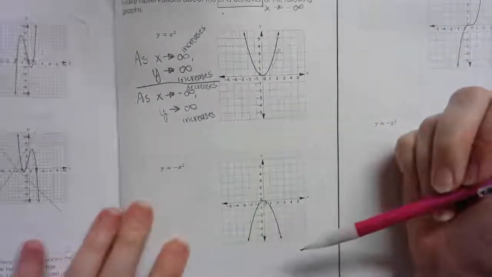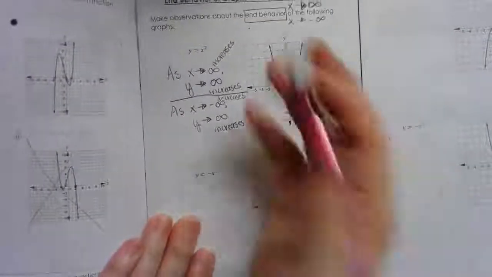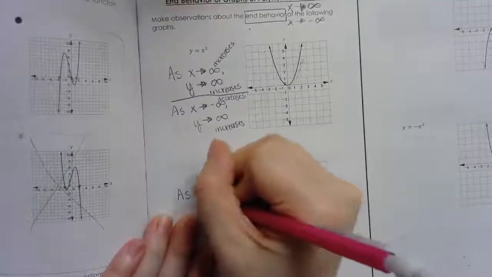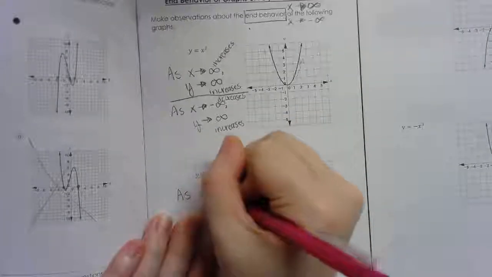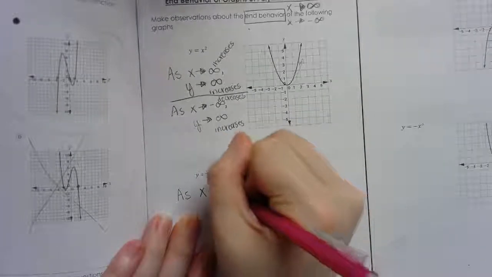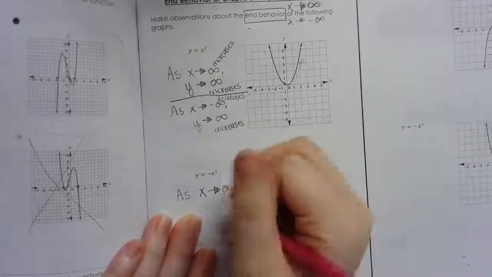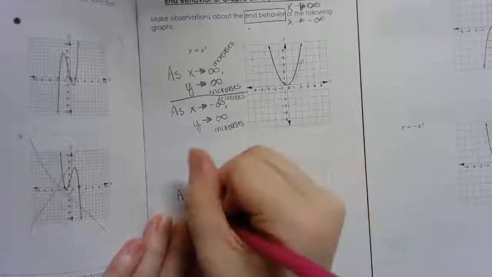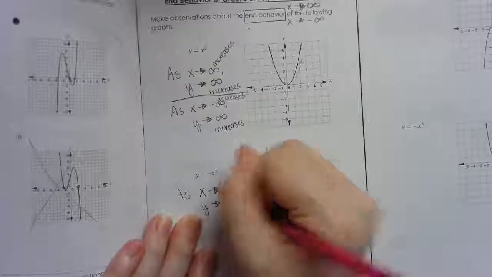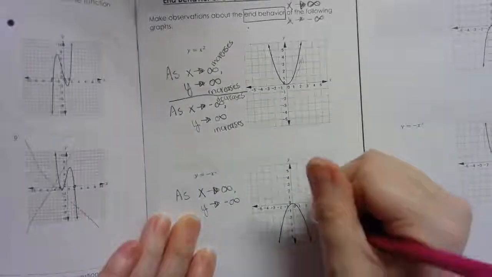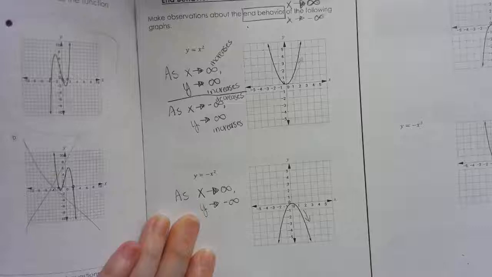So for y equals negative x squared, as x approaches positive infinity, y approaches negative infinity. As x is going up, y is going down.